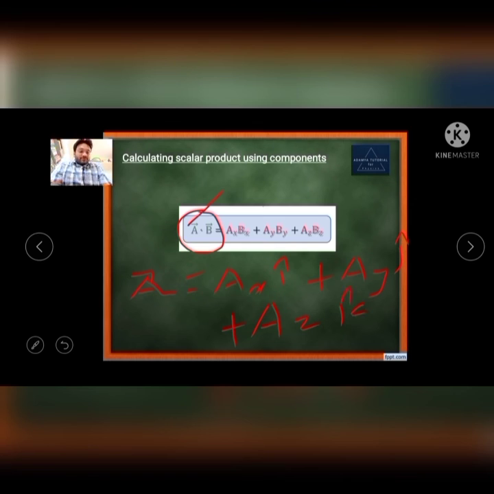So this is how we will represent any given vector in terms of its components along three different axes. Similarly, we will represent it for B.